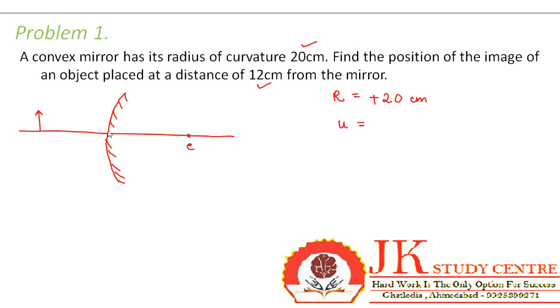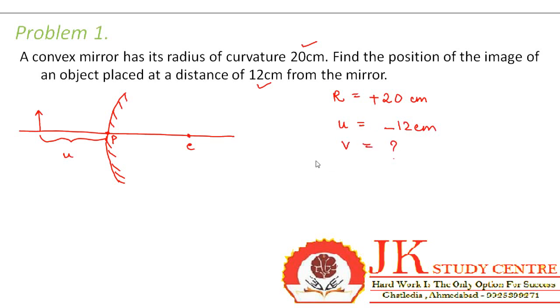Now object is always placed on the left hand side of the mirror, right? And all distances will be measured from the pole. So that means this is my object distance u, and the object distance is 12 centimeters. Since it is on the left hand side of the pole, it would be negative. So we have to find out the position of the image. That means we will have to calculate the value of v.